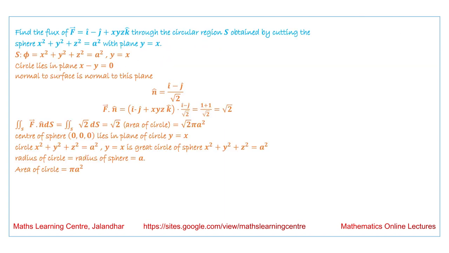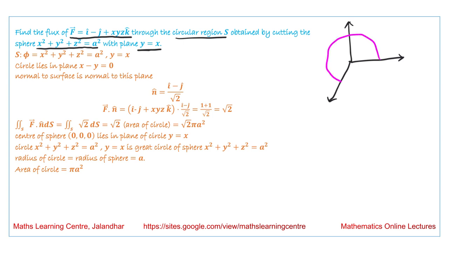Now the next question is to find the flux of this f vector through the circular region S obtained by cutting the sphere x square plus y square plus z square equal to a square by the plane y equal to x. So we have something like this: a sphere, with the x axis, y axis and z axis.